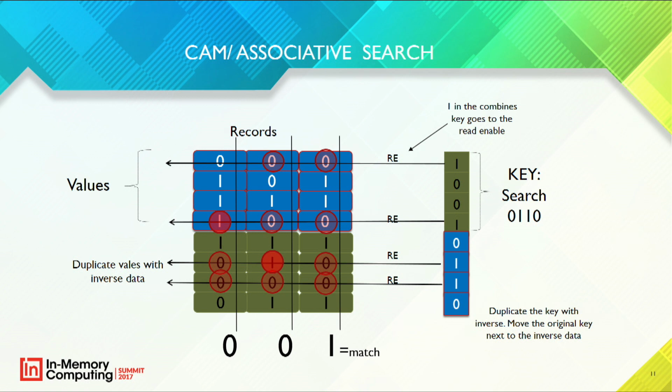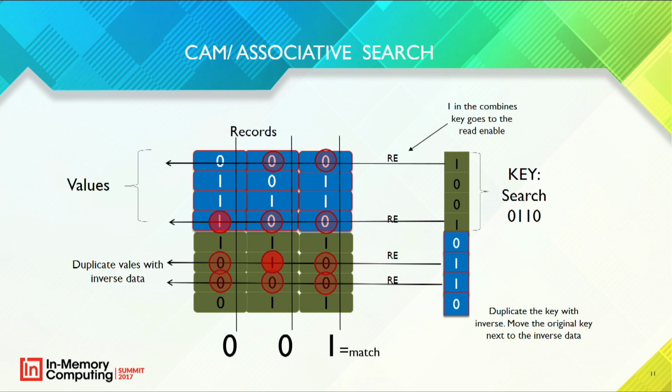So, as you can see here, all the read enables read 0, and for a NOR, if all the inputs are 0, the output is 1. This is the logic function of the NOR. So actually we get the match here without adding any CAM.